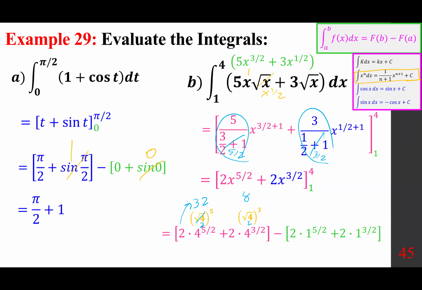So 2 times 32 is 62, plus 2 times 8 is 16. 1 is 1 no matter what, to the power of 5 halves or 3 halves. So you're looking at 2 and 2 is 4. So minus 4. The answer is 76.